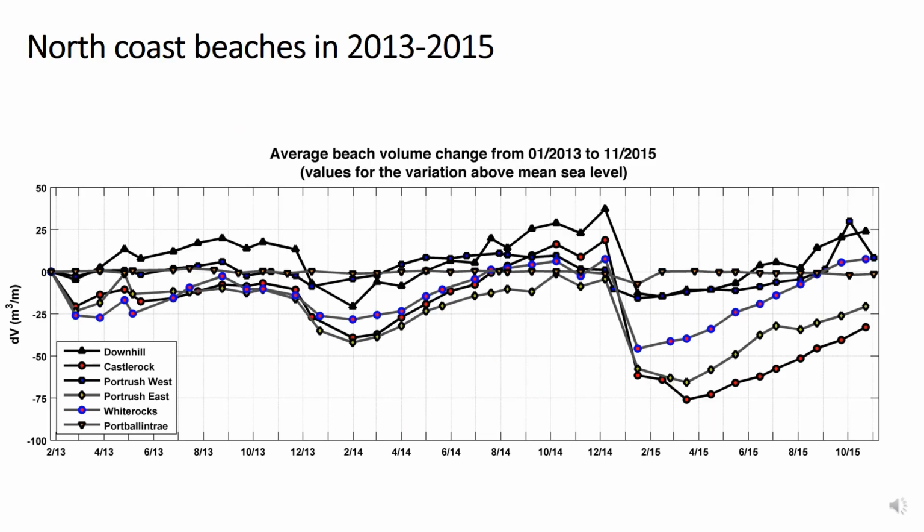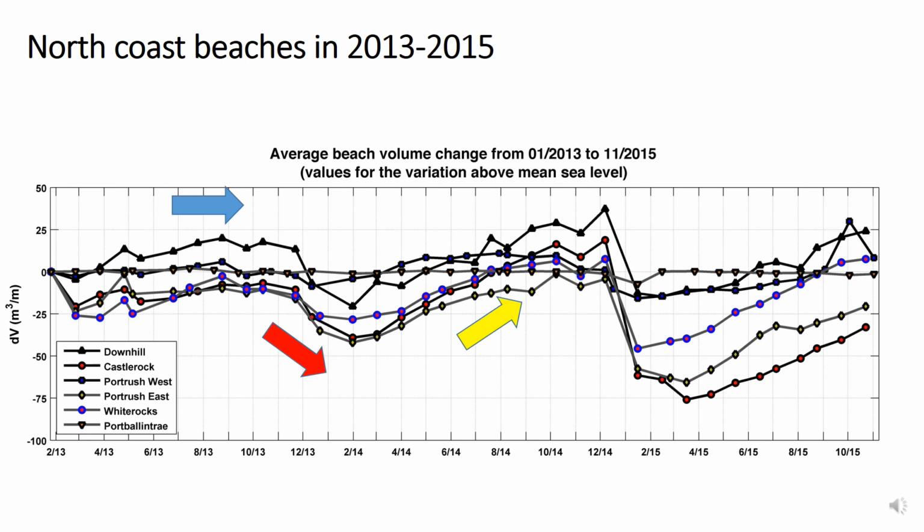So this is just giving you a very quick snapshot of between 2013 and 2015, what has happened to the North Coast beaches. Each one of those lines represents Downhill, Castle Rock, Portrush West and East, White Rocks and Portballintrae. We have stability over this time period of 2013 up to the winter of 2014. Then we had a lot of back-to-back storms, and the beaches were losing volume.